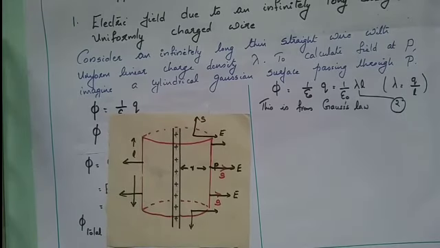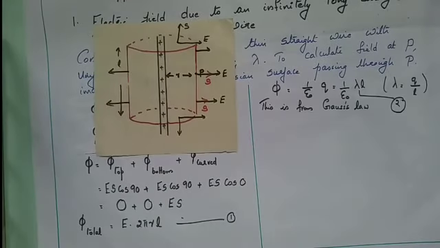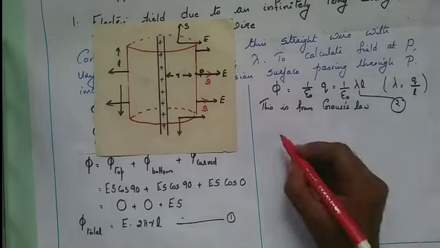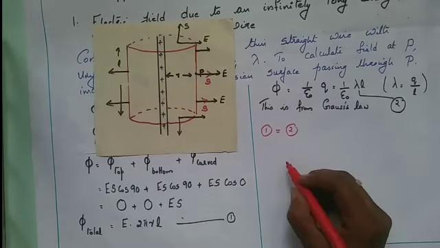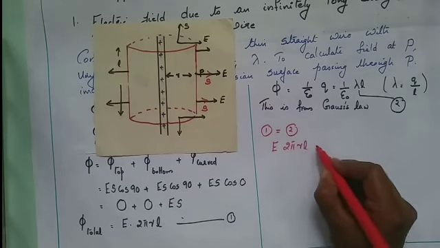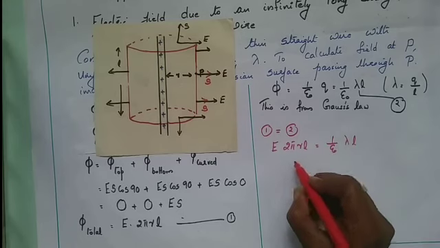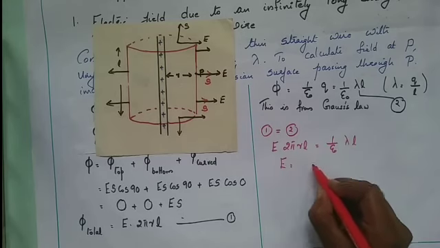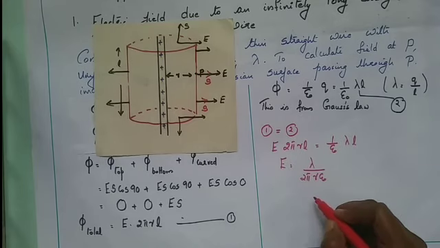So from the first equation and second equation, the total electric flux on the left side is the same, therefore we can equate the right hand sides. So E into 2 pi r L equals 1 by epsilon 0 into lambda L. L can be cancelled, so the electric field E equals lambda divided by 2 pi r epsilon 0.